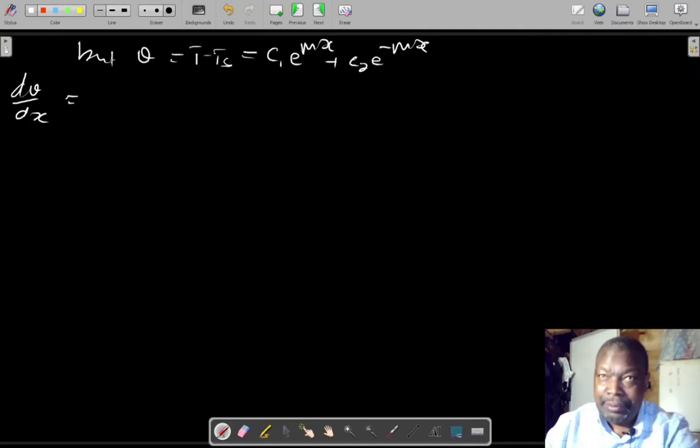But theta is equal to T minus Ts, which is C1 e^(mx) plus C2 e^(-mx). So d theta by dx, which is dT by dx, is C1 m e^(mx) minus C2 m e^(-mx).